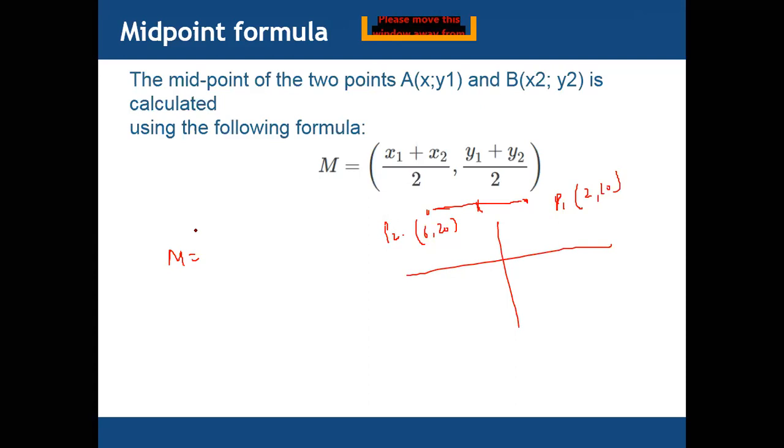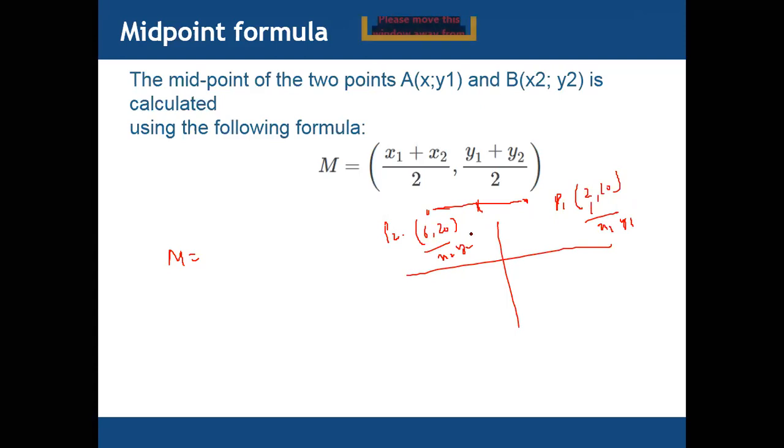You can take point number 1 as x1, y1, or point number 2 as x1, y1, no problem. Let's suppose these are x1, y1 and these are x2, y2.